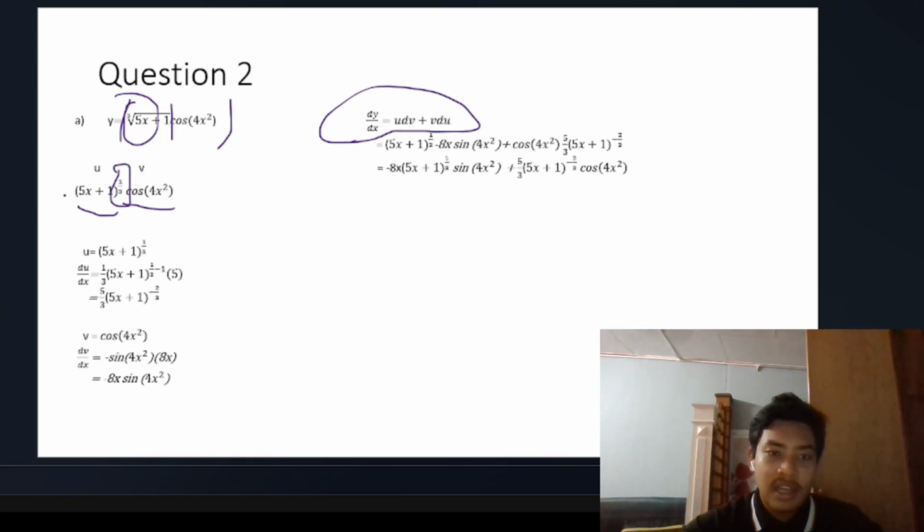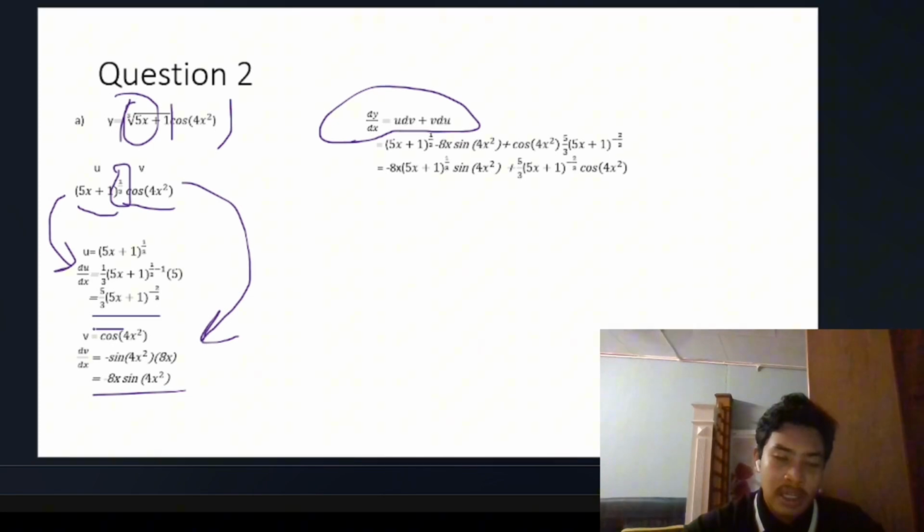Okay, after that, we need to take u and differentiate it into du over dx, and we will get this. Then, we'll be bringing v and differentiate to turn it into dv over dx, and we will get this. And don't forget, cos.